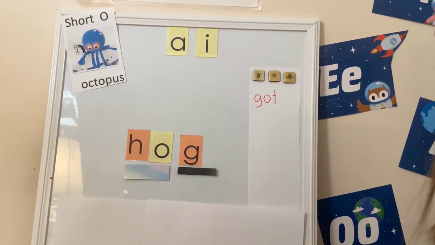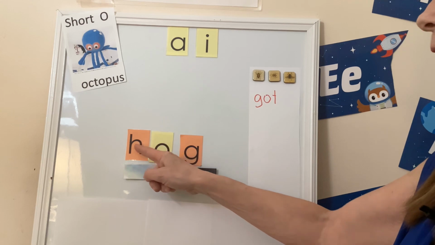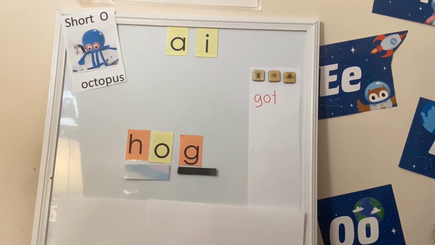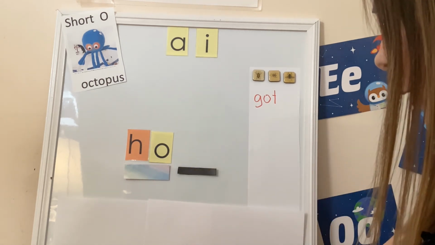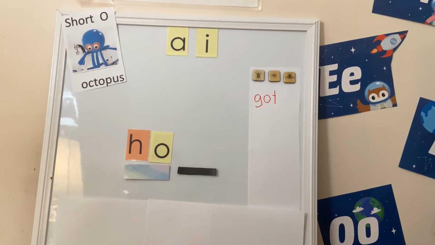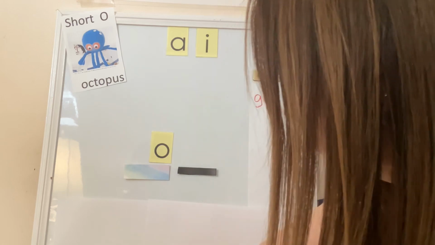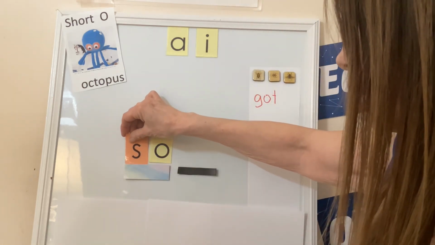Hog. Now, I talked to you earlier about CVC words. For those that you feel are ready to extend the lesson a little bit, we can have a CVCC word, consonant, vowel, consonant, consonant. And this is an example. All right.